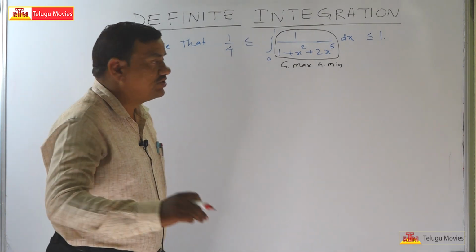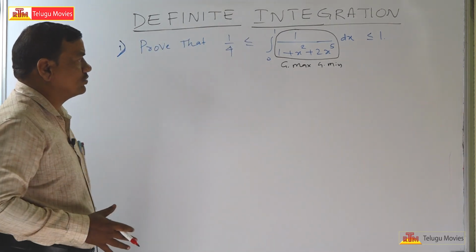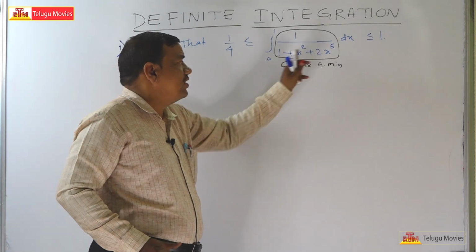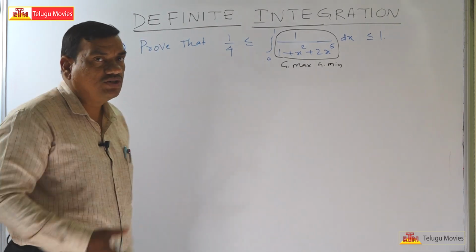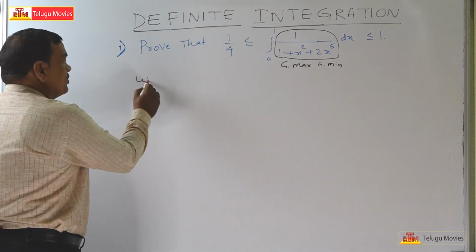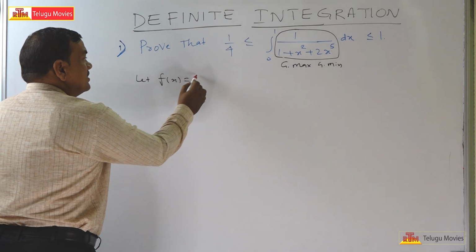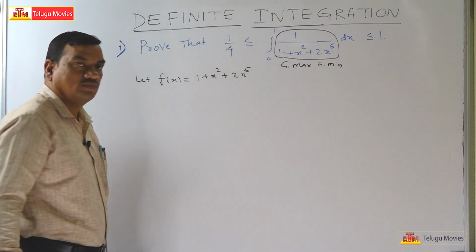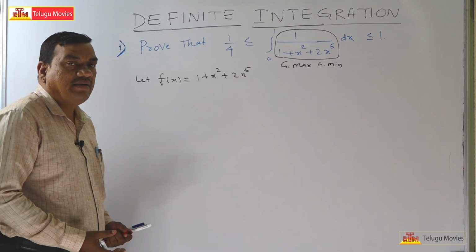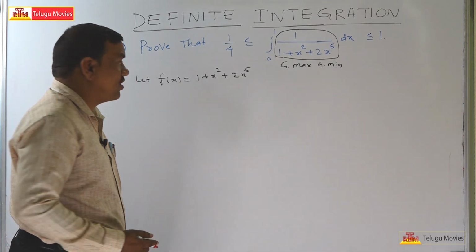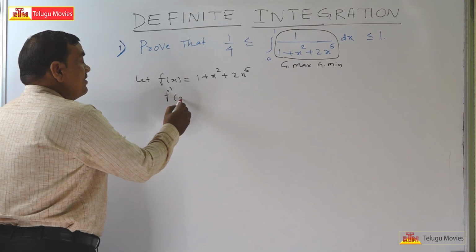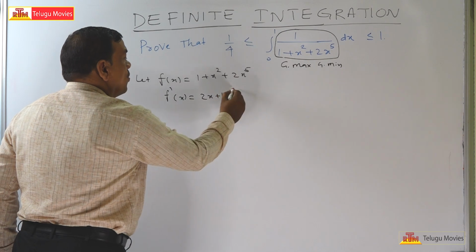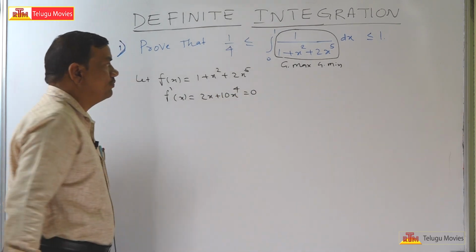First, don't take 1 by 1 plus x square plus 2x to the power of 5. First find out the maximum and minimum value of this denominator. Afterwards, we will write it. So I will proceed like this. Let f of x be equal to 1 plus x square plus 2x to the power of 5. For maxima and minima, we take f dash of x. So f dash of x is equal to 2x plus 10x to the power of 4, equal to 0.